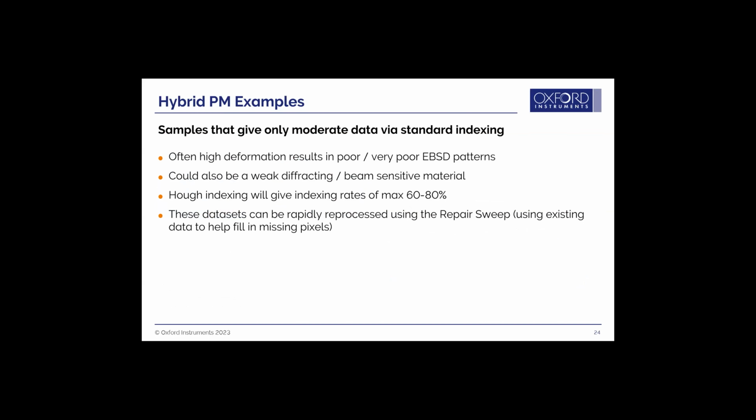There are cases where you get deformed materials and poor patterns, but they're not to the point where you really need to go back to the drawing board or find the dynamic template matching. I'm thinking of maps that index on the order of 60 to 80%.